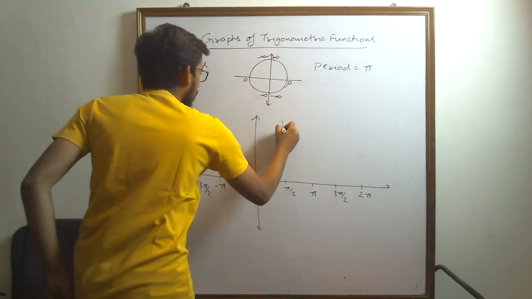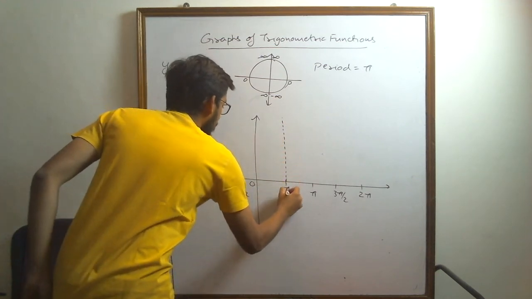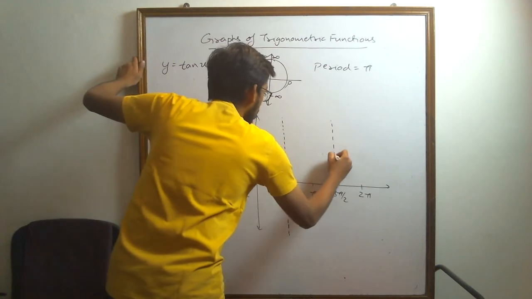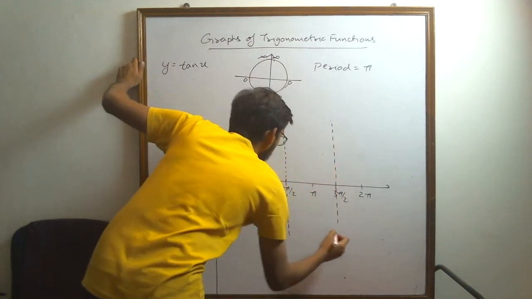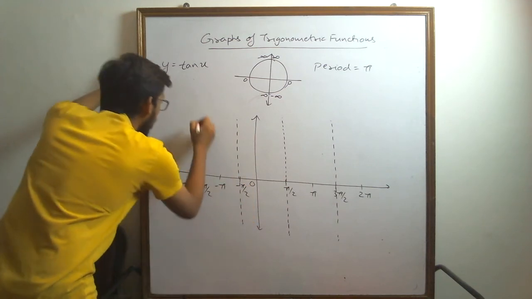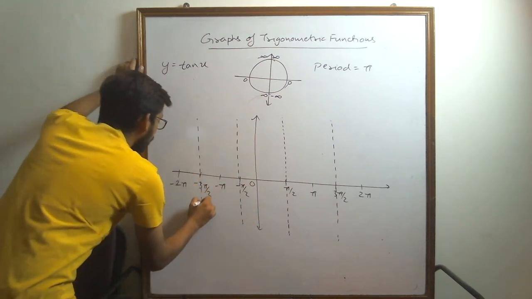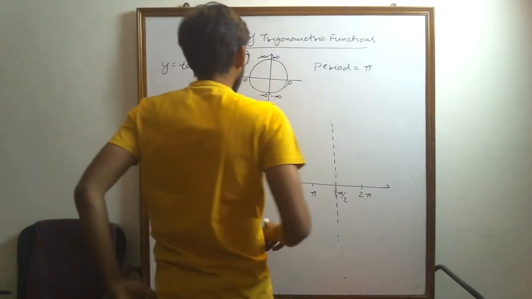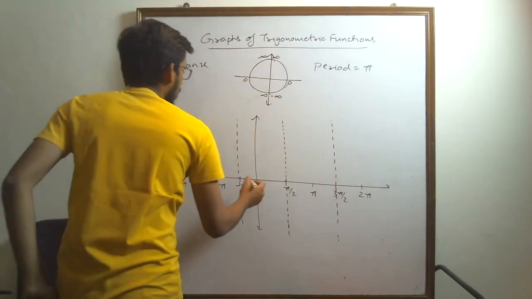So x is equal to pi by 2 is an asymptote for the function. Same for 3 pi by 2. Minus pi by 2 is also an asymptote. Minus 3 pi by 2 is also an asymptote, and all these odd multiples of pi by 2 are asymptotes for the function.